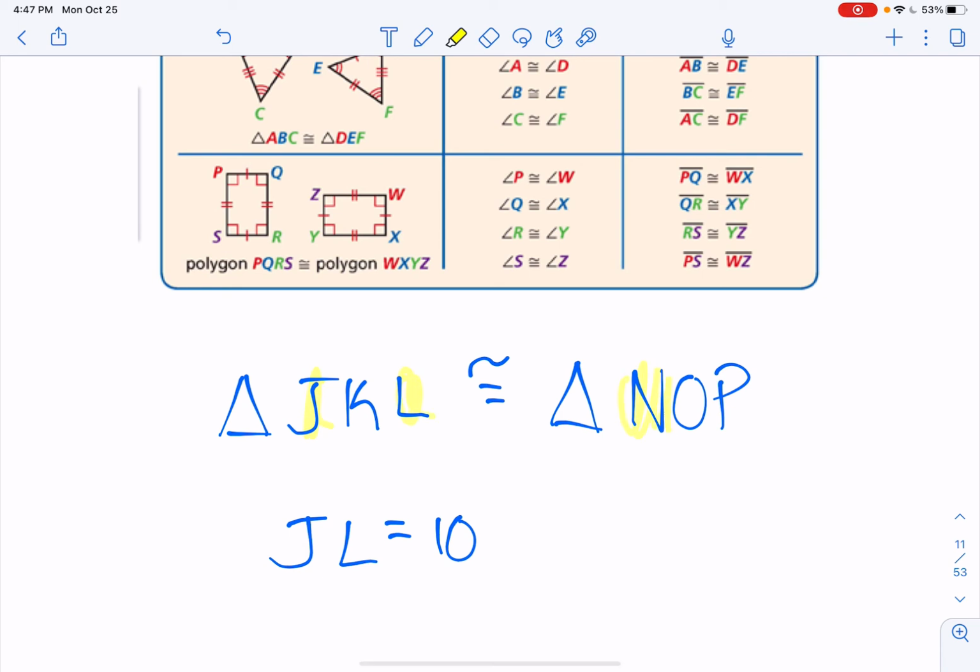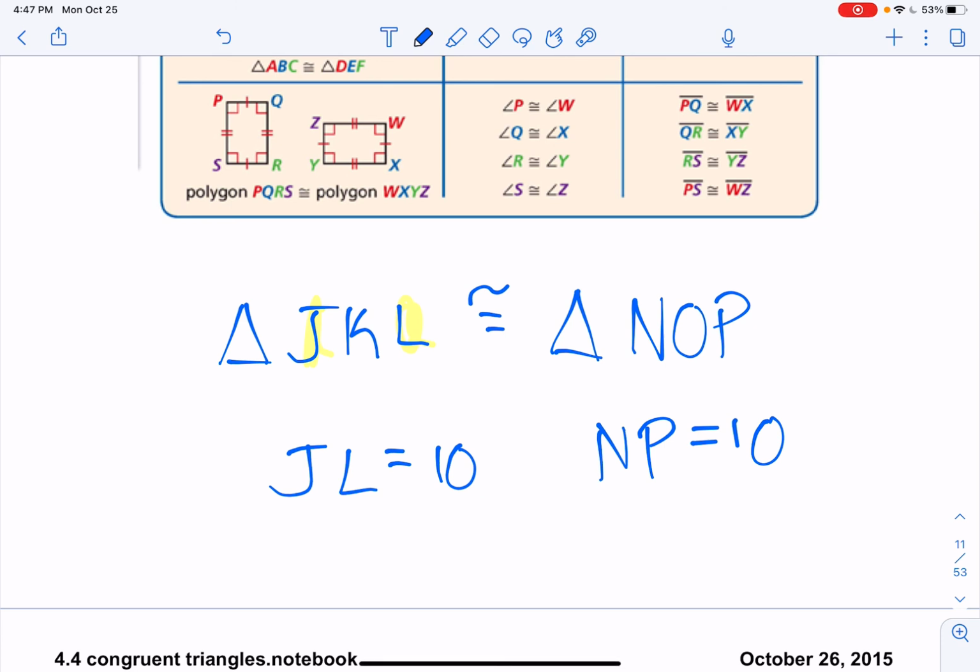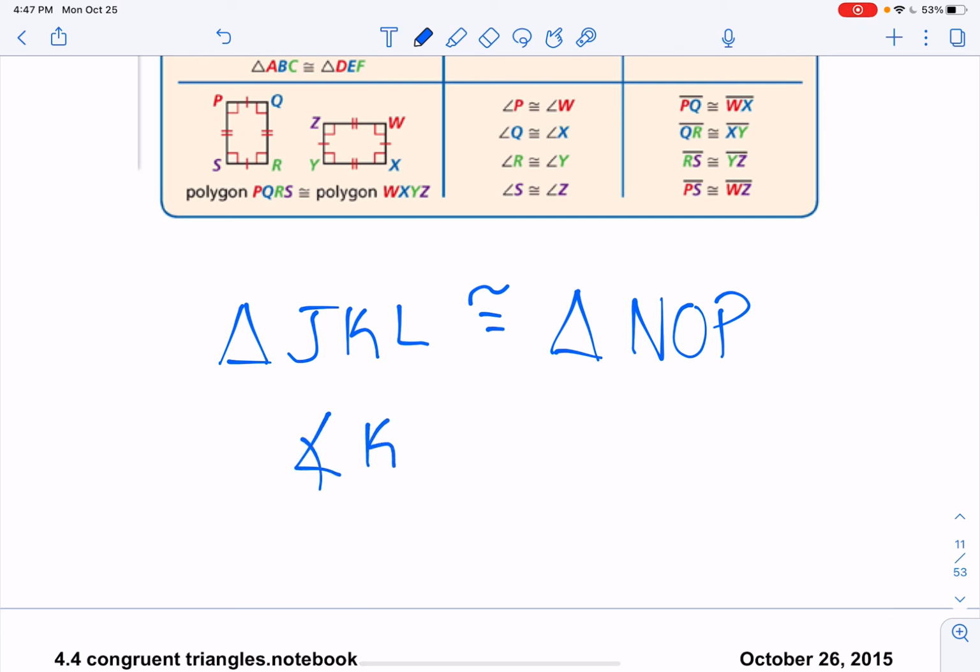That means NP must also be 10. If it says something like angle K equals 37, well, if angle K and angle O are congruent, then that means angle O must also be 37.